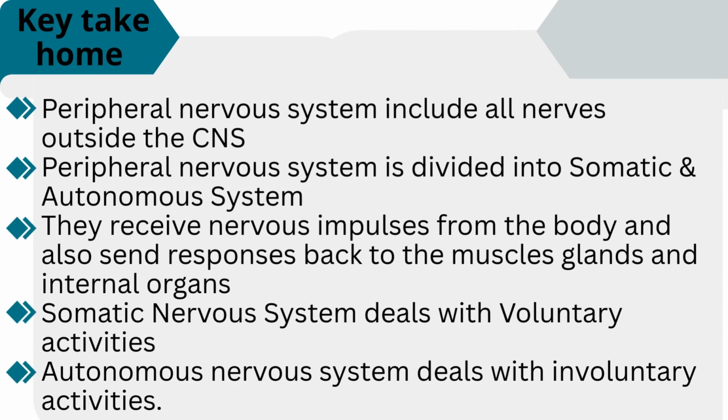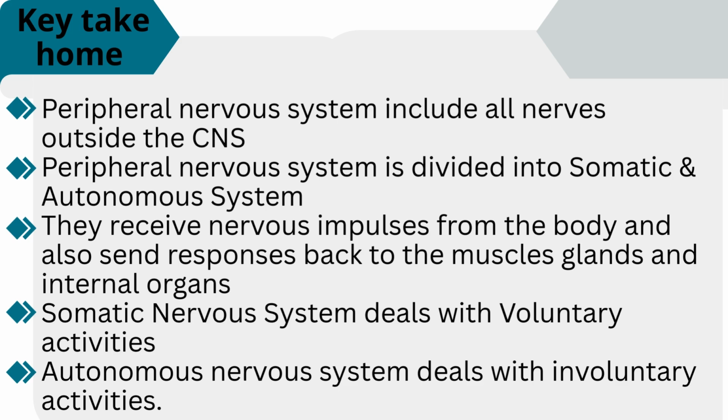So let's take a look at what we have learned so far in this lesson. We have learned that the peripheral nervous system includes all nerves outside the central nervous system. And the peripheral nervous system is subdivided into somatic and autonomous nervous system.